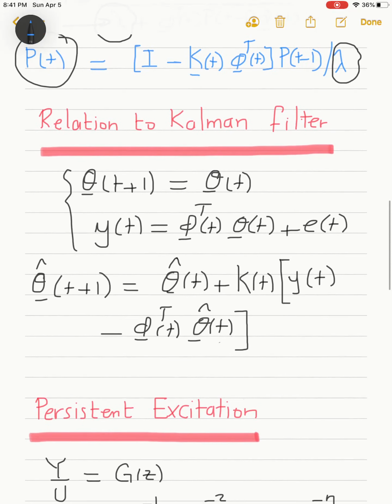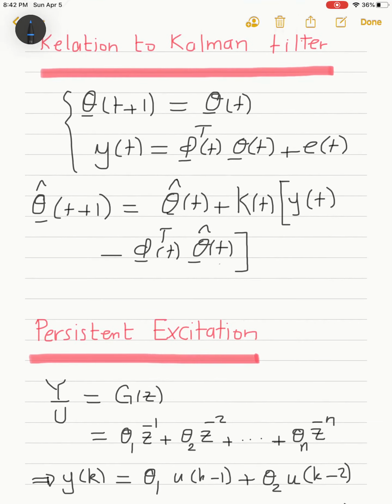Now we'll move to an important topic, and this is the persistent excitation condition. Remember, when we derived the least square estimate, we said that the matrix phi transpose phi inverse must exist, and this is actually a condition that, as we will see here, is related to the persistent excitation condition.